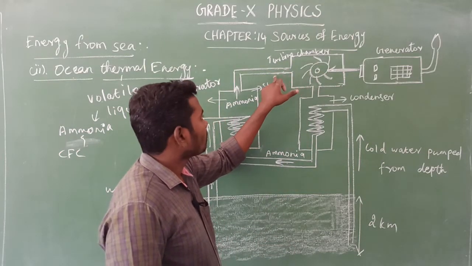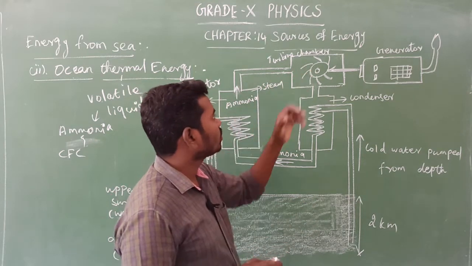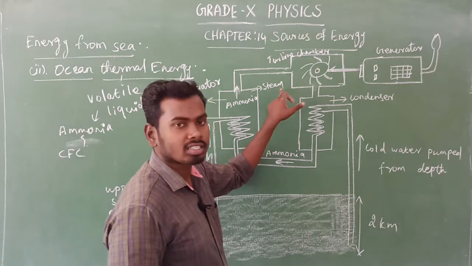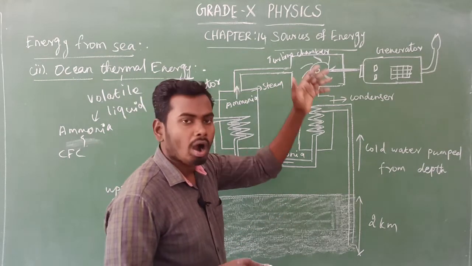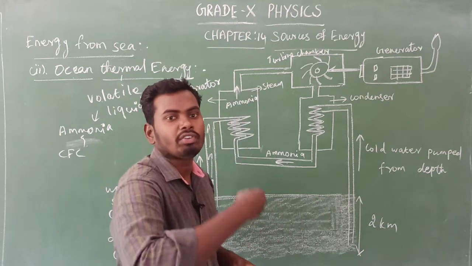This high pressure steam is forced into the turbine chamber, falls on the turbine, and the turbine starts rotating very fast.